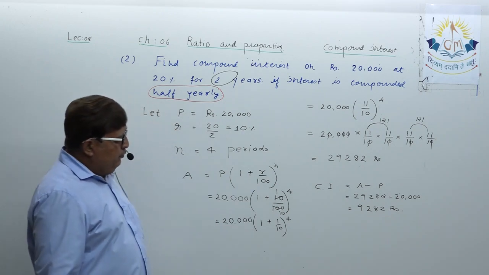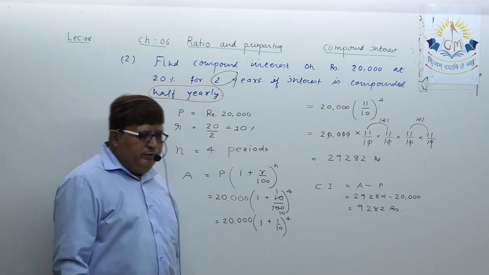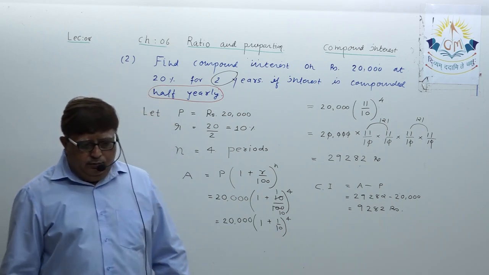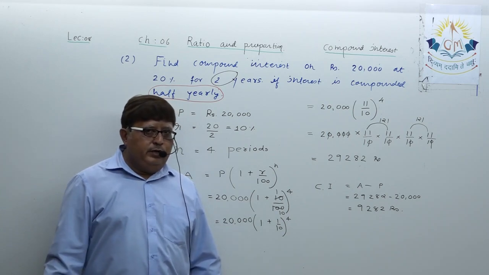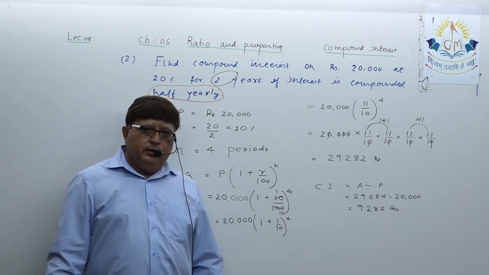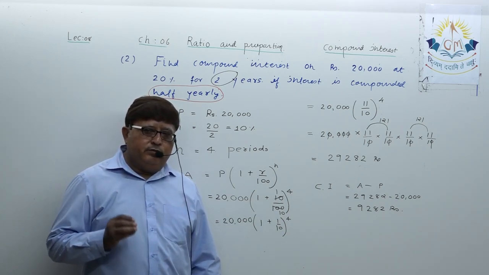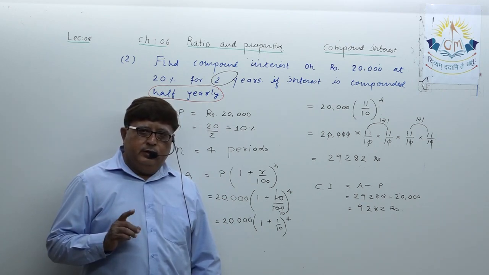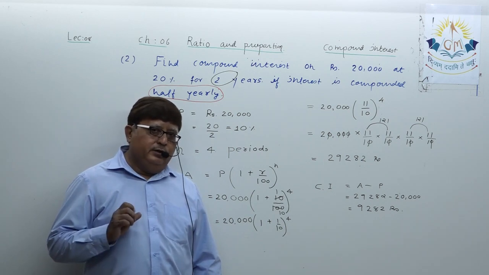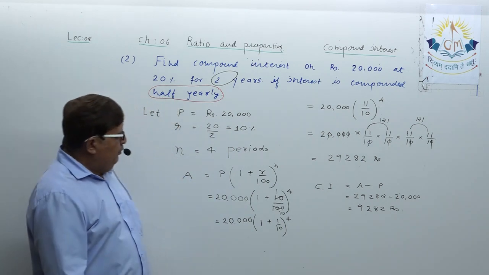Okay. So this is the way you have to solve any example on compound interest where interest is counted half yearly. So you need to be very conscious.